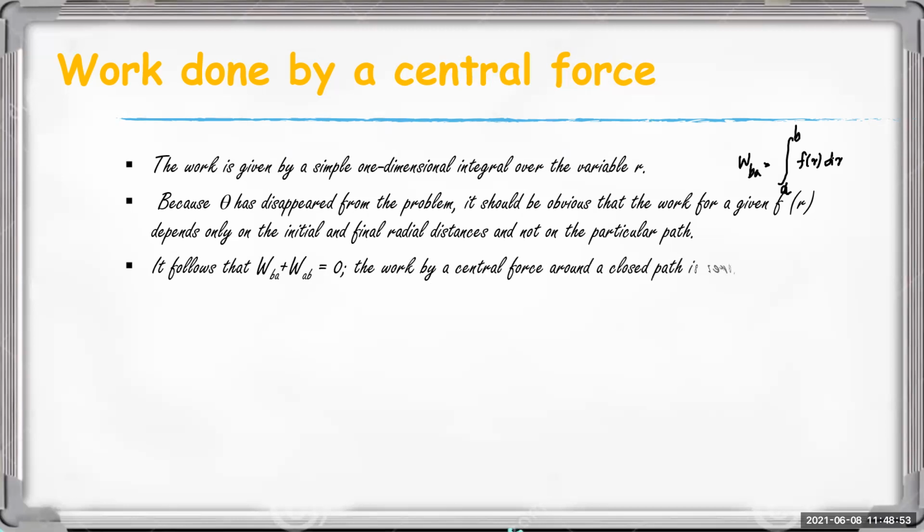And here also, if we find WAB, it must be equal to minus WBA. Then the work done by a central force around a closed path is also 0.